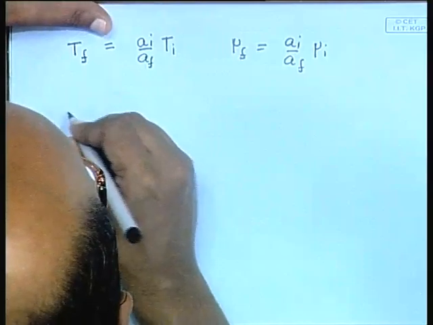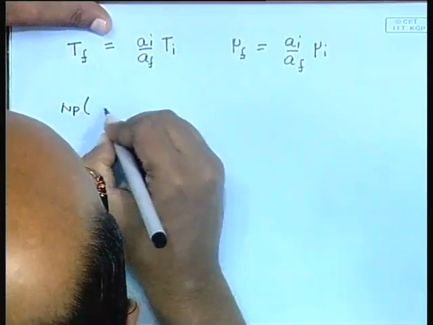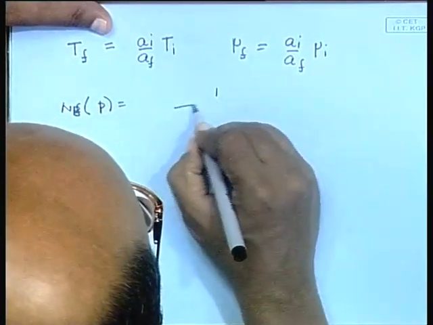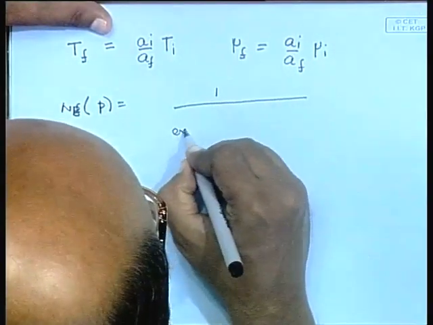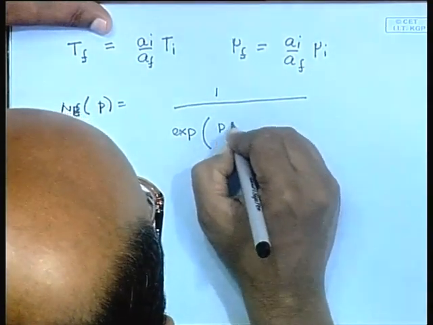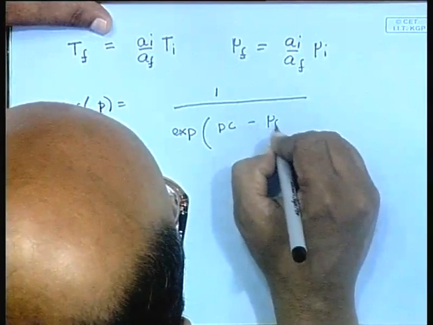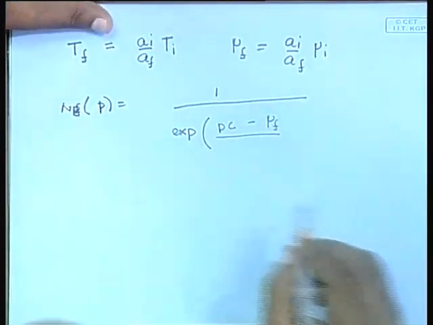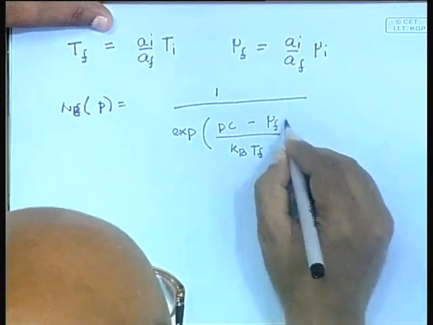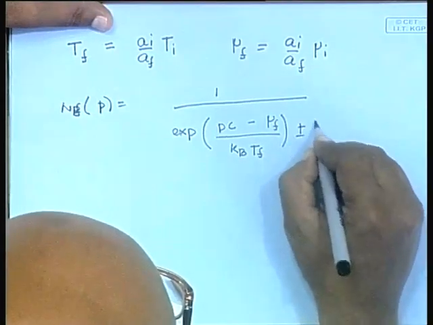So, if we define this, then we can say that the final distribution function, the final occupation number, is given by 1 by exponential of (pc minus mu final) by (kB T final) plus or minus 1.